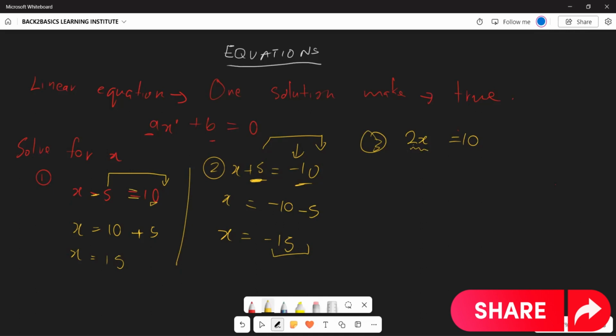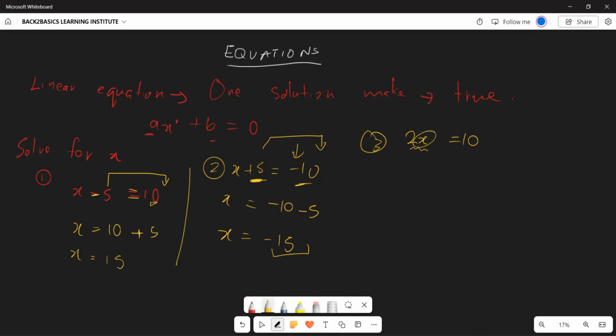So for you to get the value of x, remember that whenever you have a positive you take it to the other side and it becomes negative. In this case, you have a multiplication sign, and to get rid of the multiplication sign you need to divide.